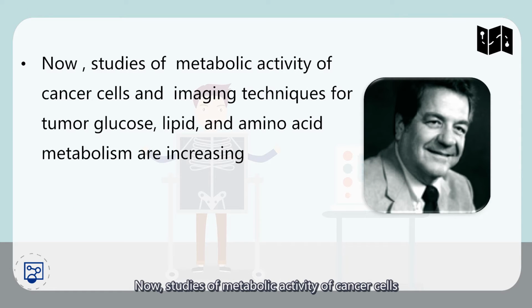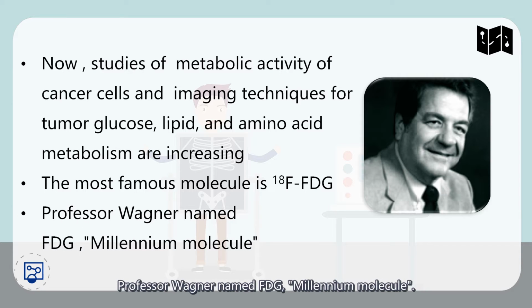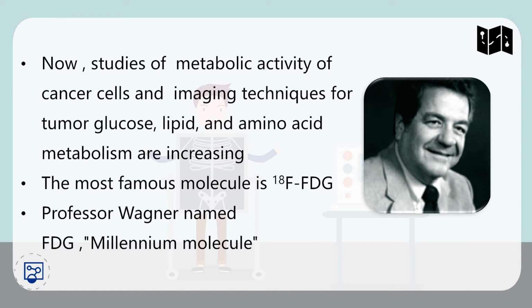Now, studies of metabolic activity of cancer cells and the imaging techniques for tumor glucose, lipid, and amino acid metabolism are increasing. The most famous molecule is F18-labeled FDG. Professor Wagner named this molecule FDG as a millennium molecule.